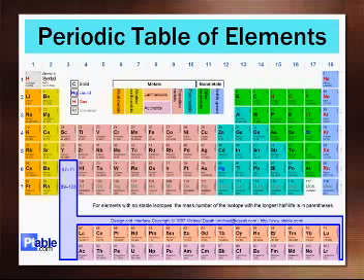Looking across the periods from left to right, there is an increase in electron affinity because of the increase in effective nuclear charge. This means that the elements display a stronger attraction for the addition of an extra electron.